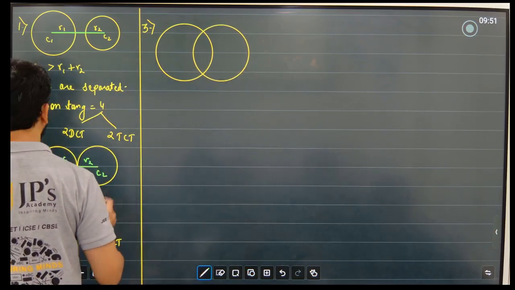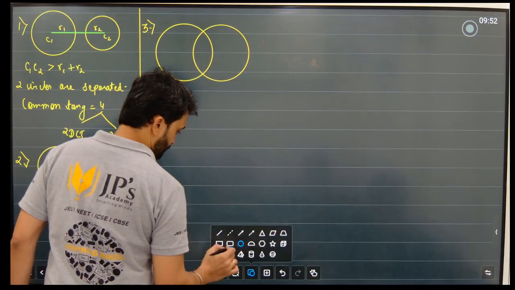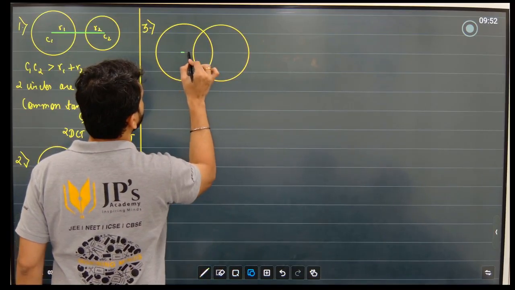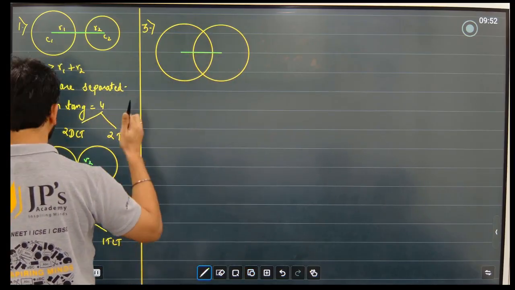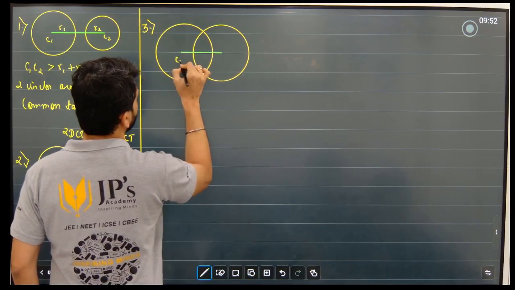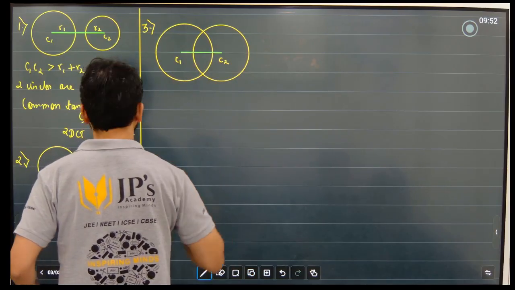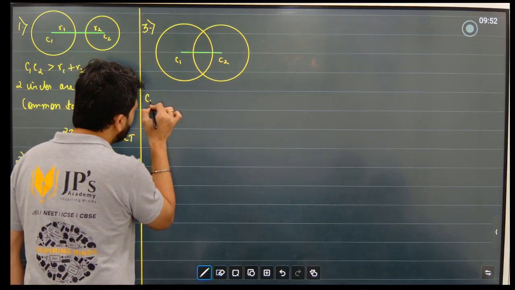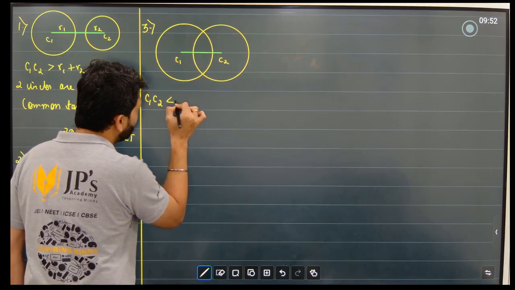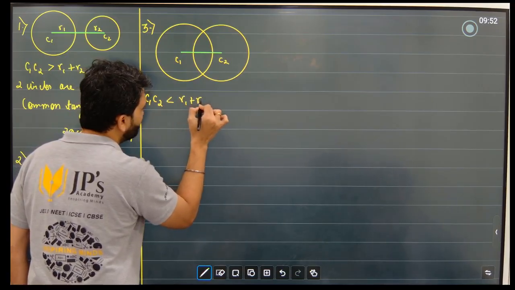Third part. Okay, C1 C2. Now I can see that the distance between the centers is less than the sum of their radii.